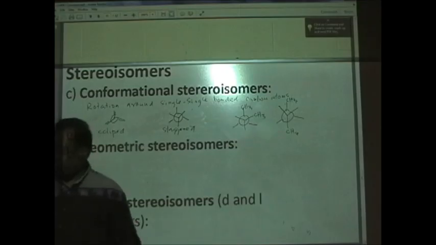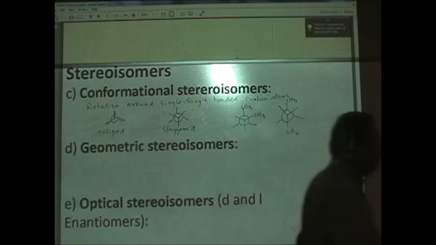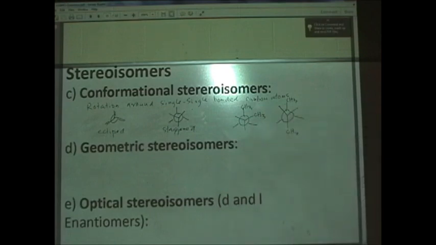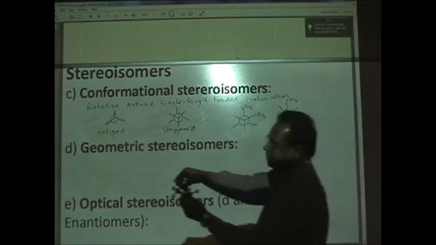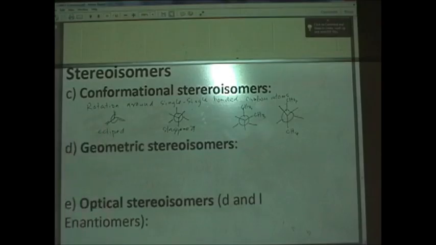Now, I'm going to talk a little later about the conformation of cyclopentane. This conformation is called the envelope conformation, envelope, because you have like a flap here. Let me draw it here.